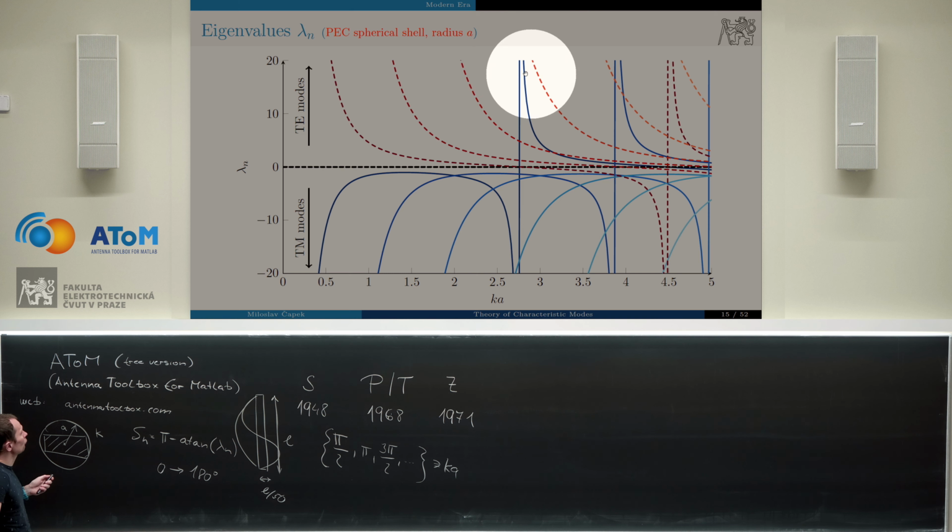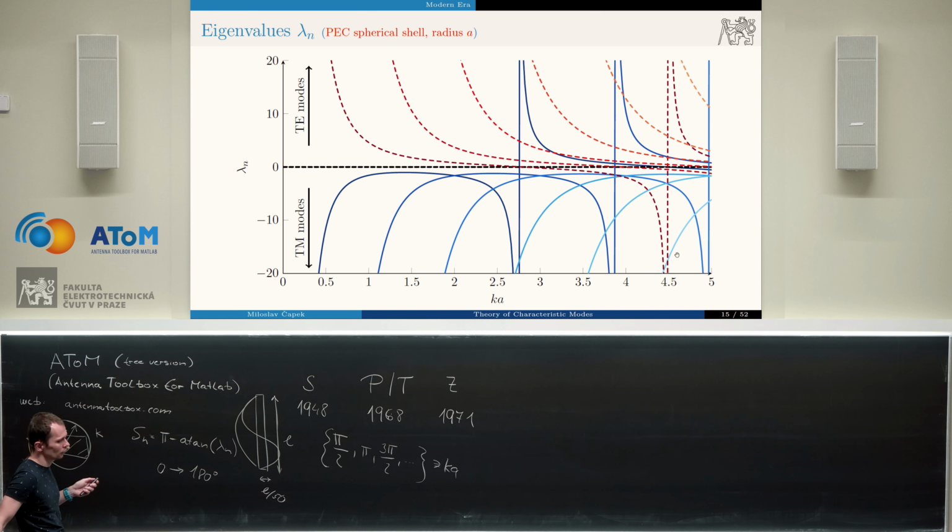Then on top of that, for the spherical shell, we have degeneracies, as I mentioned. That means that the first curve is 3 times degenerated. In fact, there are 3 different curves on top of each other. The second mode is 5 times degenerated. Then the next one is 7 times degenerated, and so on. So actually here you are competing with a lot of problems: degeneracies, internal resonances, huge numerical dynamics.